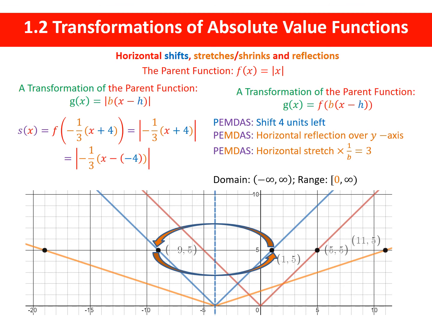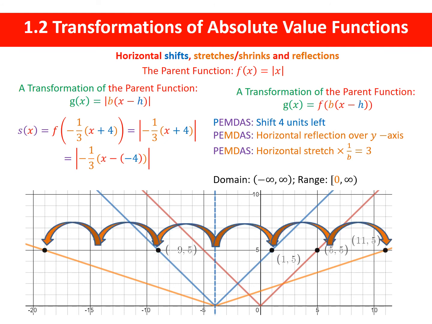It's a reflection over that line of symmetry. So 1, 5 gets mapped over to negative 9, 5, and negative 9, 5 gets mapped over to 1, 5. And then finally, when we consider that stretch of the 1/3 reciprocal, from that line of symmetry there, you can see how we go by a factor of 3.